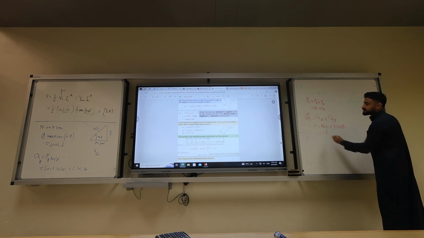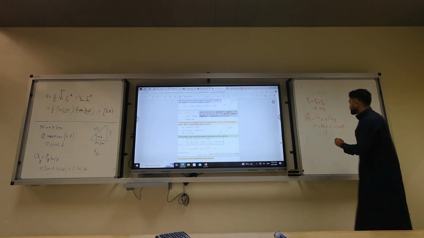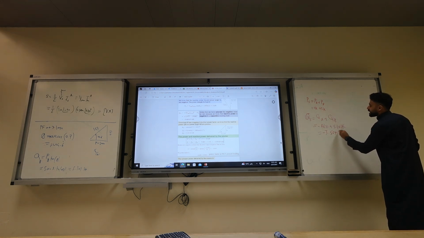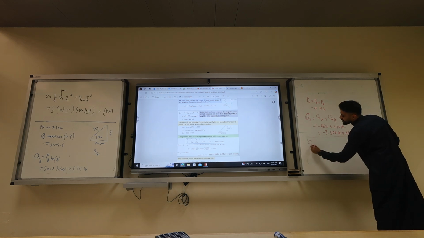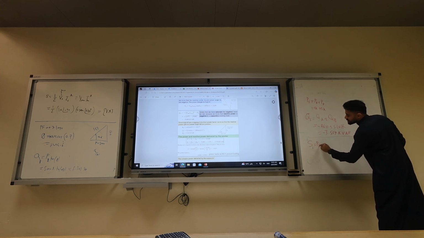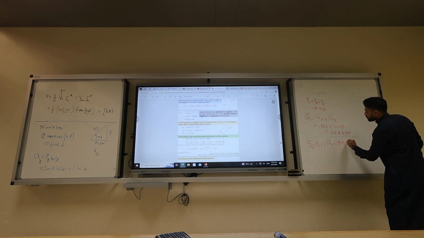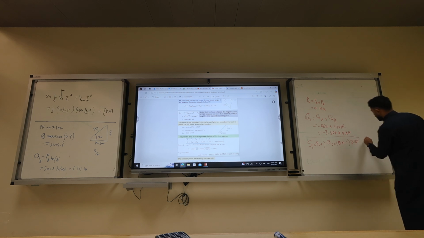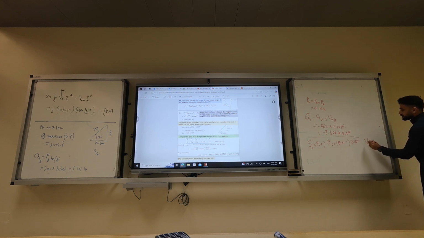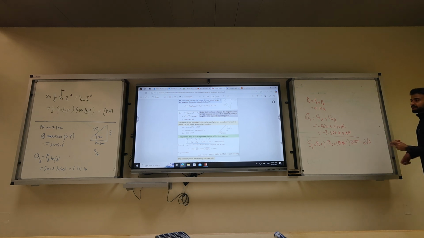This would be minus 3.559 kilo VAR. So this implies S, the complex power for the source, is PS plus J times QS, which is 10 kilo minus J times 3.559. The unit is kilo voltage amp.